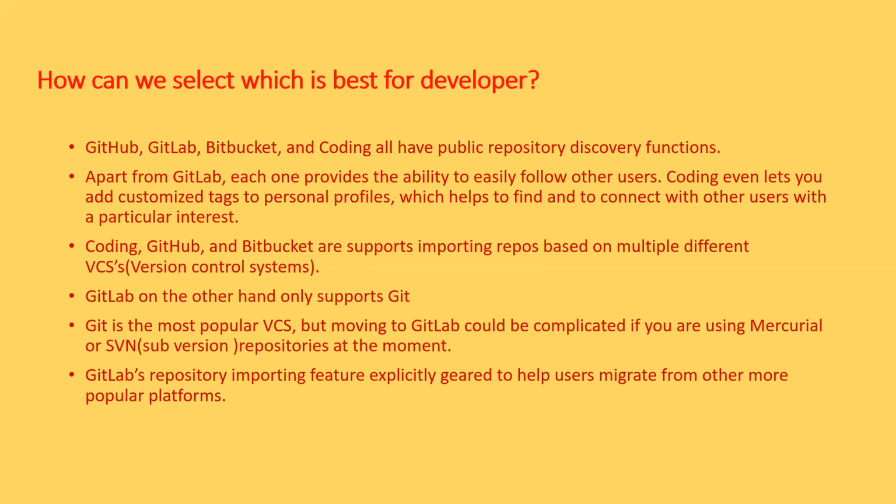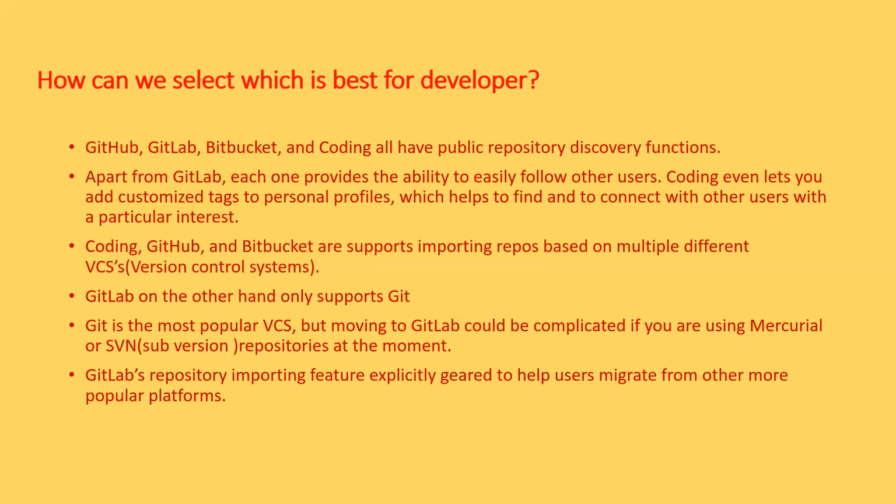GitLab, on the other hand, only supports Git. So purely GitLab supports only Git. Git is the most popular version control system, but moving to GitLab could be complicated if you are using Mercurial or Subversion repositories at the moment. As I said, it is only concentrating on Git.